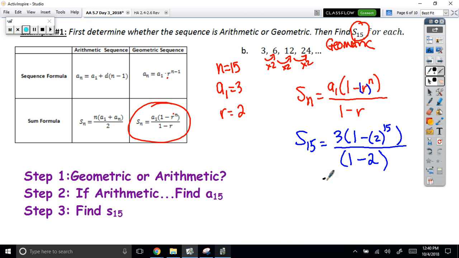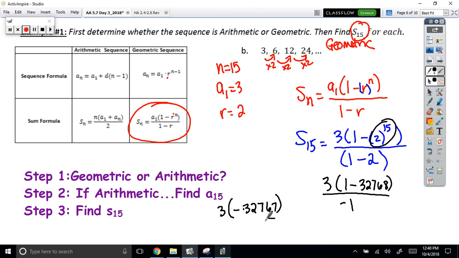So that would get me 3 times 1 minus, I would first evaluate my exponent, which will give me something really big, 32,768. 1 minus 2 is a negative 1. And so then that would get me over here, negative 32,767 over negative 1.